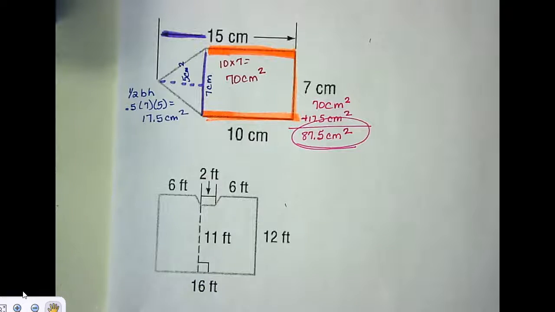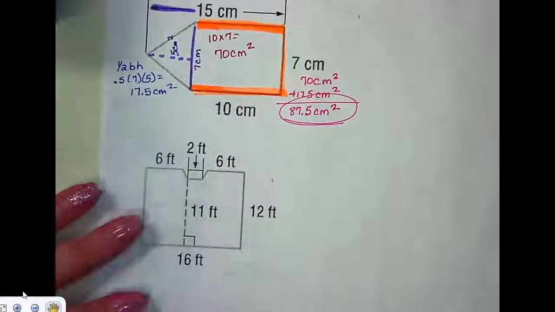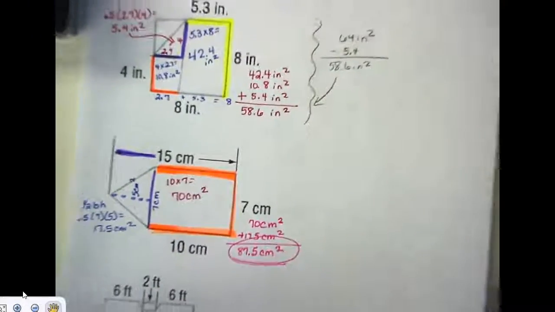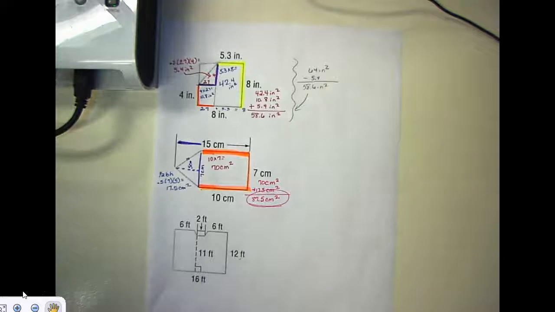All right, easy enough? Yes? Okay, we're going to do this one in just a minute, but we need to cut this first so it fits on our page because we're going to need to write on our page a little bit. So we'll get it in our journal before we do that problem.